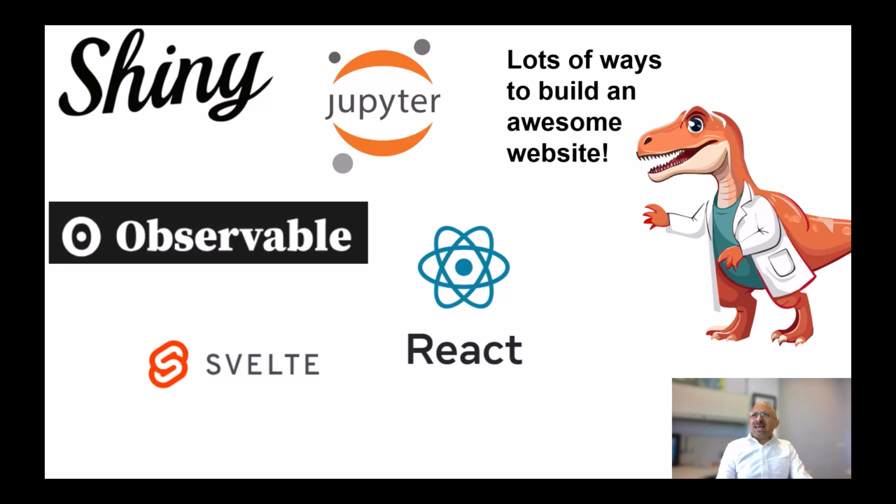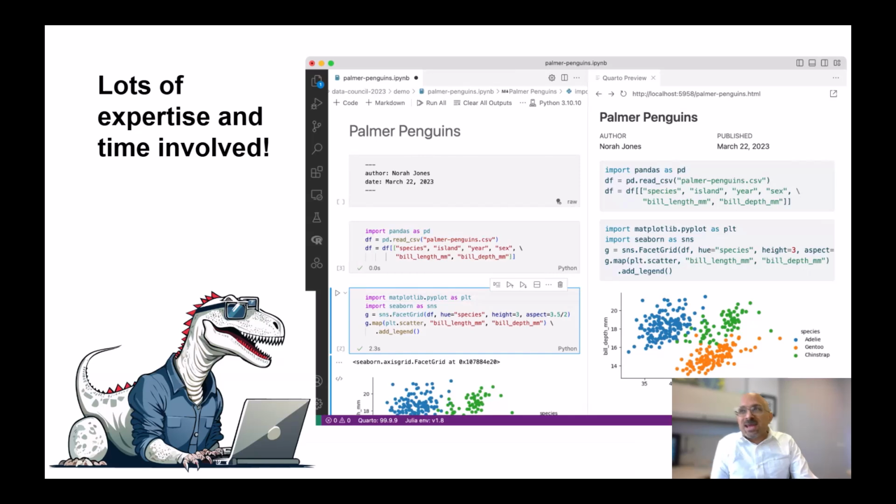But there's an issue, which is this: creating these sorts of websites via Svelte or React or Observable, et cetera, well, it takes a lot of expertise, takes a lot of time, and it's probably kind of expensive. You have to write a lot of code. Maybe your team knows how to write a lot of code, or maybe it doesn't.